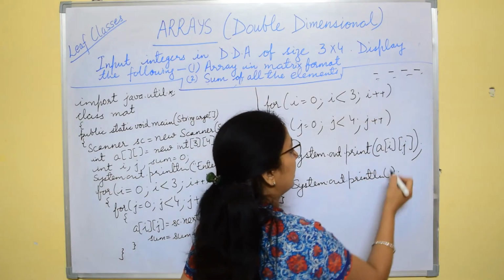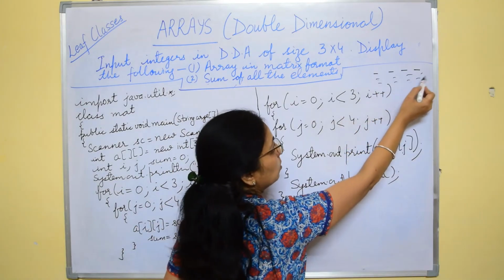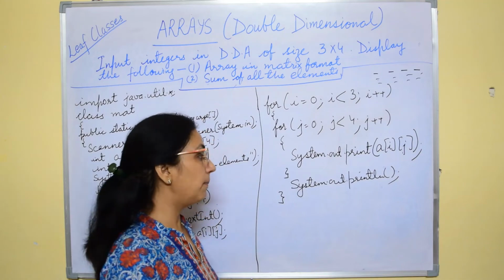Println will take you to the next line, then 2 0, 2 1, 2 2, 2 3 like this. 3 by 4 matrix format will be printed.